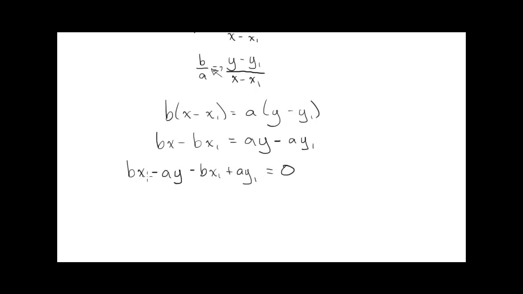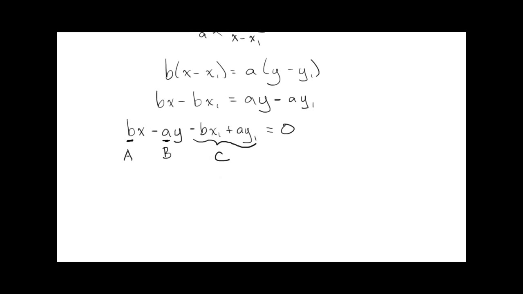Equals 0. Okay, so notice this is the coefficient in front of x, this is the coefficient in front of y, and this thing right here, so this is a, this is b, and this thing right here is c.